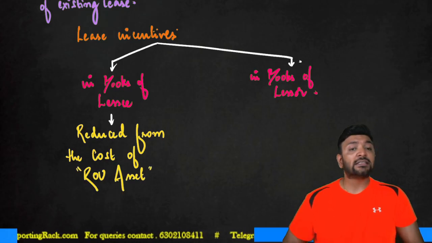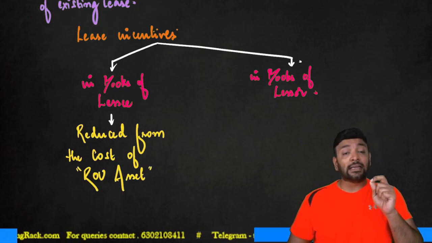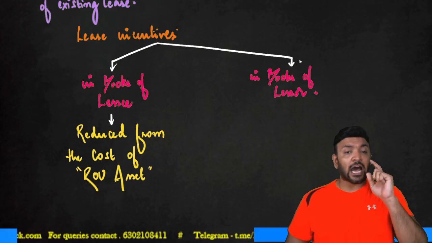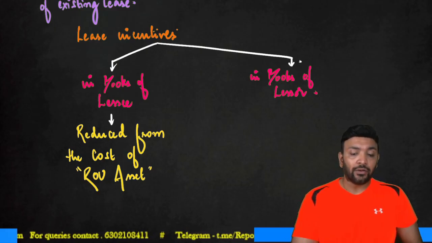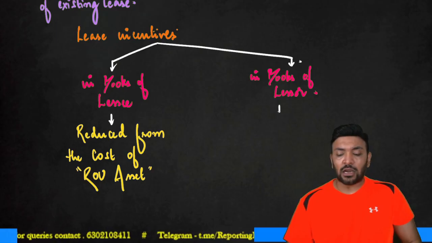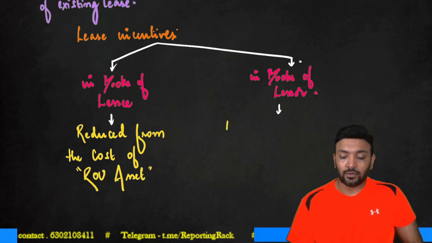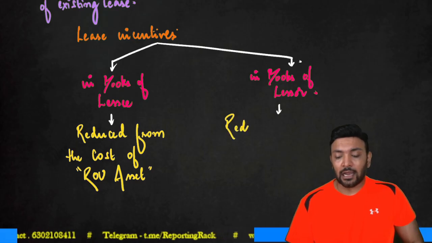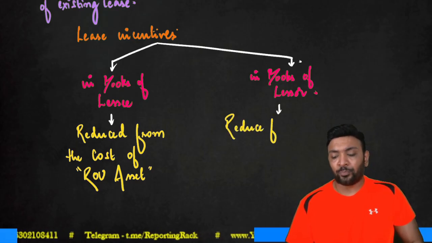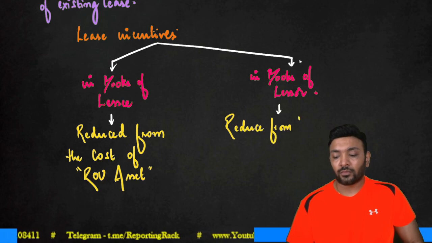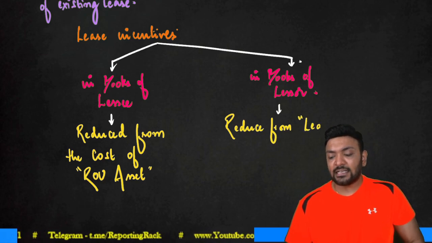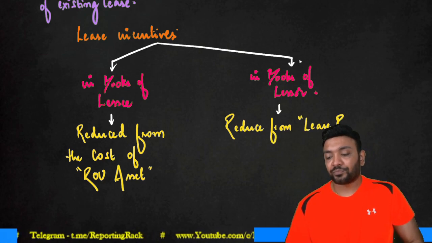When you recognize, these amounts should be deducted as far as this ROU asset is concerned. But whenever I am talking about lessor, I will reduce from lease receivables.